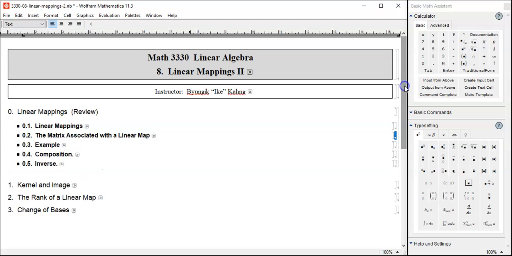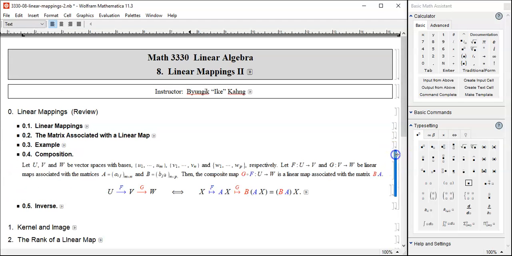Now, we're pretty much done with all the important topics, but we have a little bit of time left, so let's talk about composition. Applying a linear map is equivalent to multiplying by a matrix. So if I do it twice, then we have to multiply by another matrix. That's basically it. Composition map, F first and then G. So multiplication by A first and then B. Vectors of U are sent over to vectors of V, and vectors of V are sent over to vectors of W. In particular, x is sent over to a vector in V by A times x, by matrix multiplication.